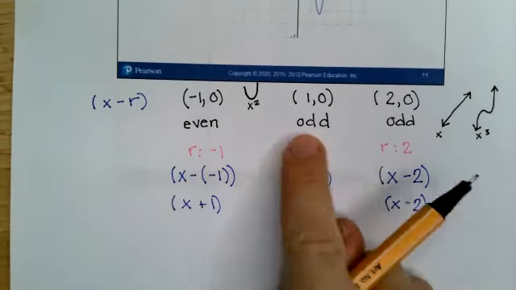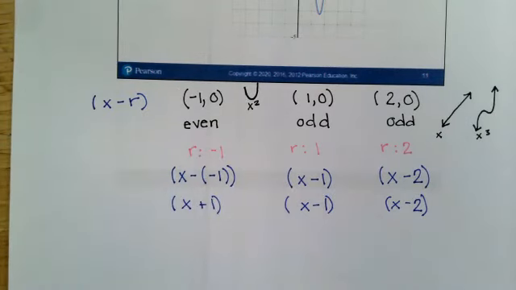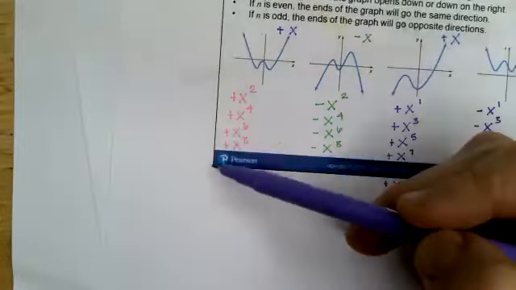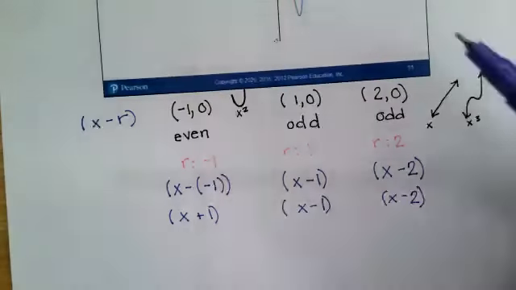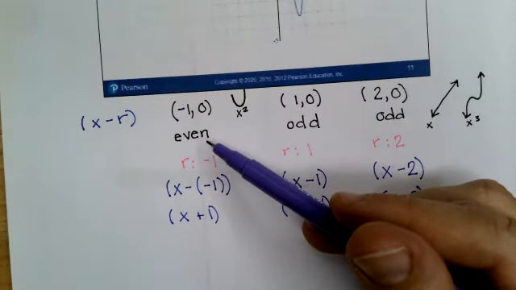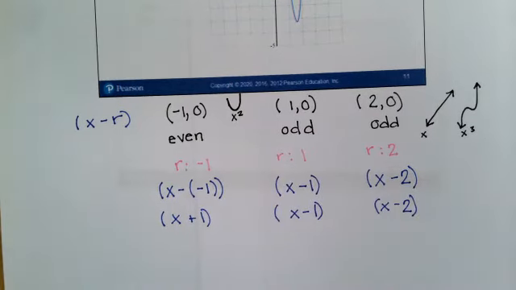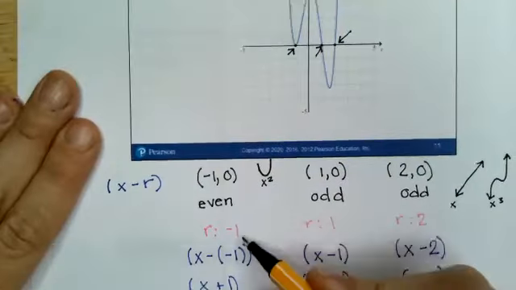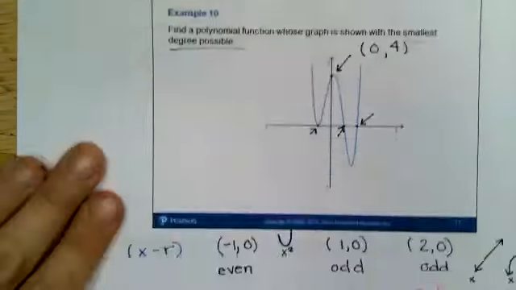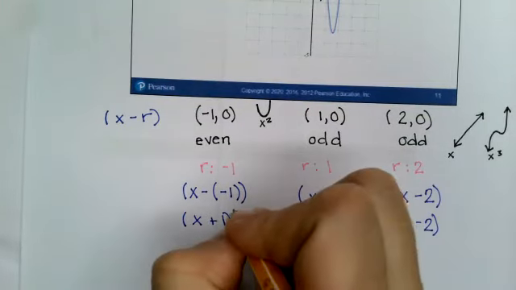All right, let's talk about what the even and odd multiplicity means. Even multiplicity means just what we did over here. These are even multiplicities. These are odd multiplicities. So we're raising the whole factor to an even number, okay? But it says smallest degree possible. So what's our smallest even exponent?